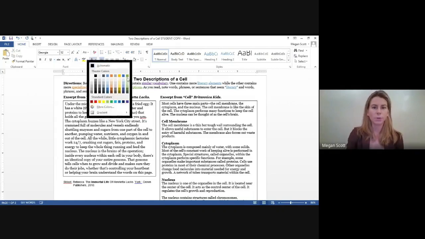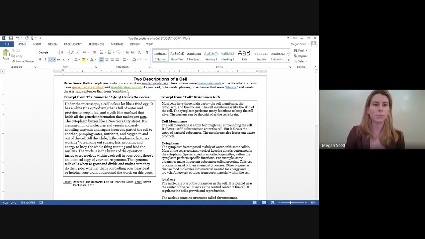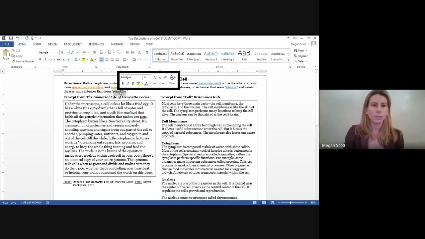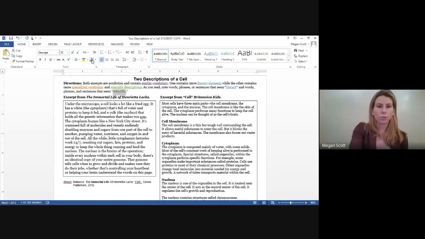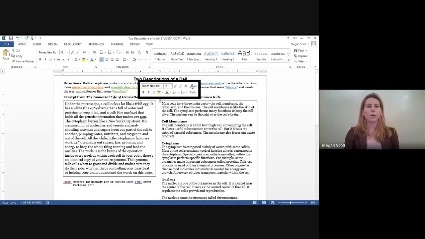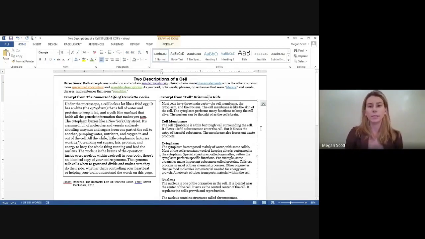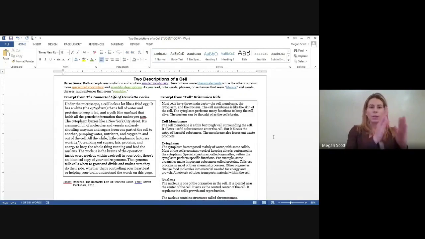So this is why I recommended that you print this document out today, because if you can write all over it, mark things up, it'll really help you see it, or at least it helps me see it. If you can't print it out, or if you don't have it printed out, maybe start 2 columns on a piece of paper, noting these things on one side from The Immortal Life of Henrietta Lacks, and on the other side, noting these things from Cell.